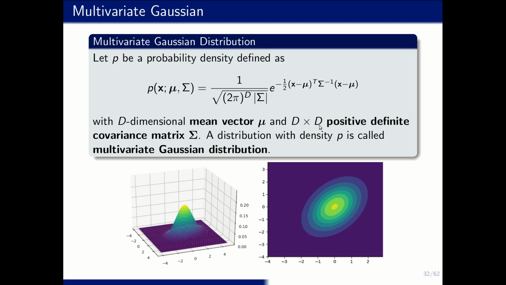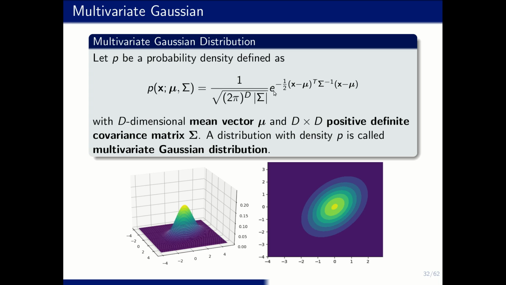It has a very similar functional form as the one-dimensional Gaussian: 1 over 2 pi to the power of the dimensionality times the determinant of the covariance matrix, and square root. And again, this is the normalizing factor.